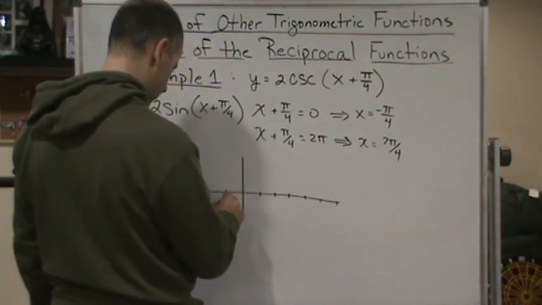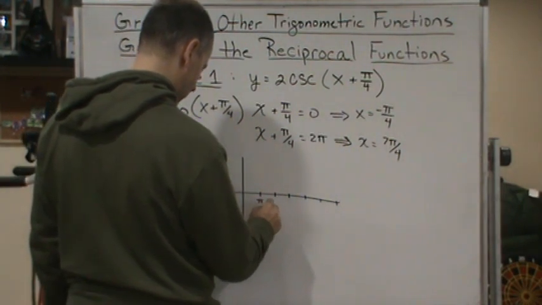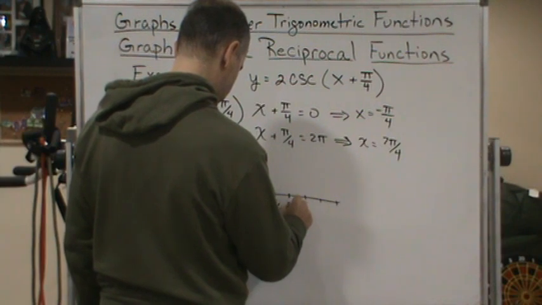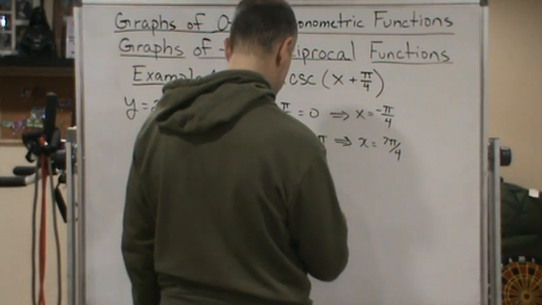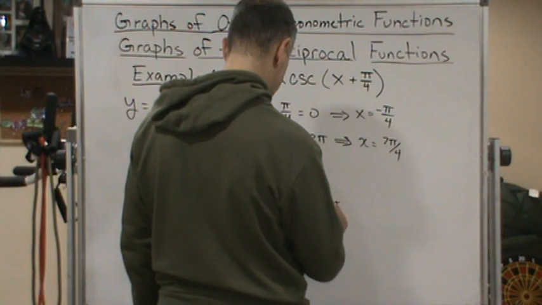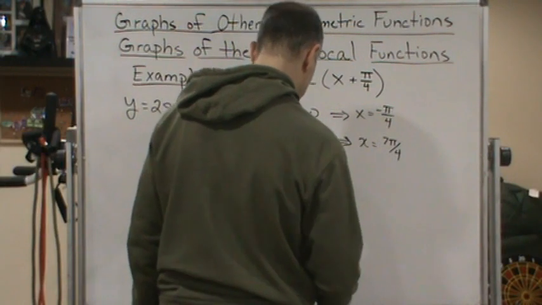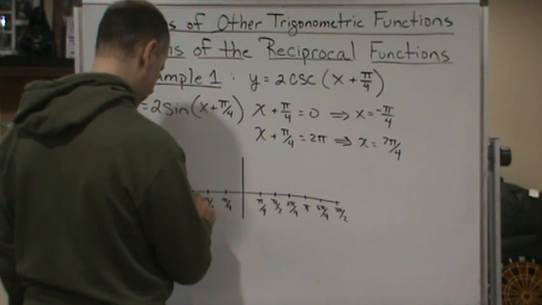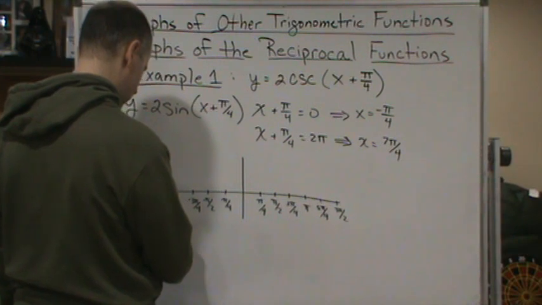So let's do negative pi over 4, pi over 4, pi over 2, 3 pi over 4, pi, 5 pi over 4, 3 pi over 2, and the same thing over here: negative pi over 2, negative 3 pi over 4, negative pi, negative 5 pi over 4.